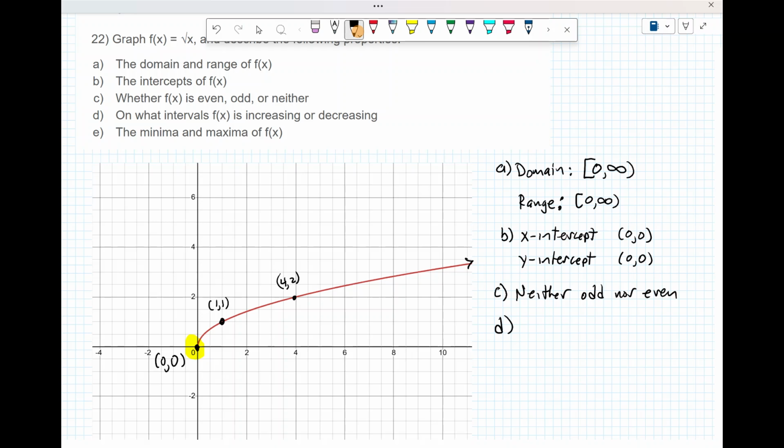So from the very beginning of this function until the very end, it is increasing. The beginning of this function in terms of x values is 0. So starting at x equals 0 all the way to x equals infinity, it is constantly increasing. And it is never decreasing.